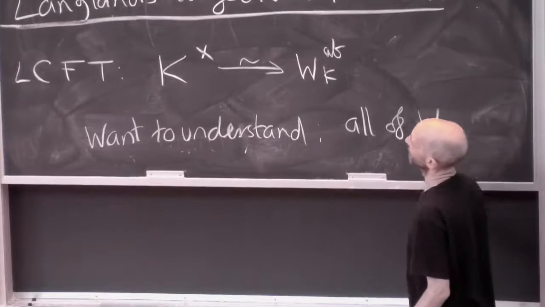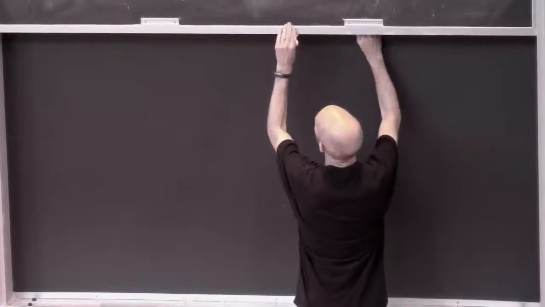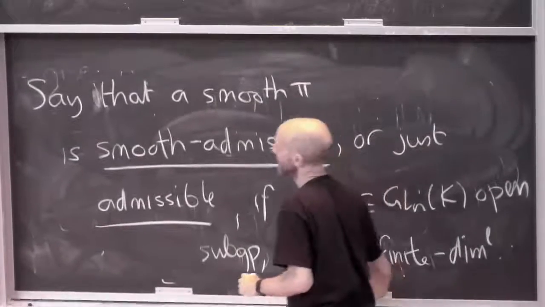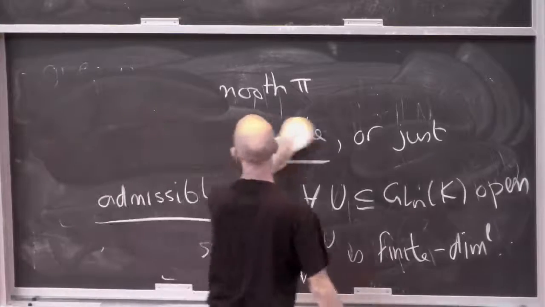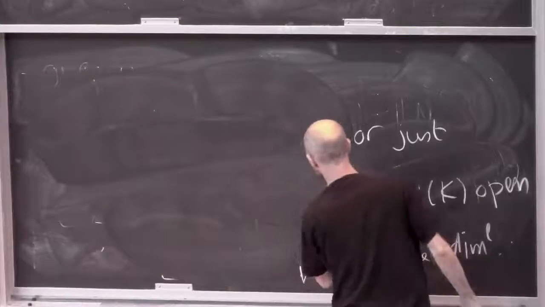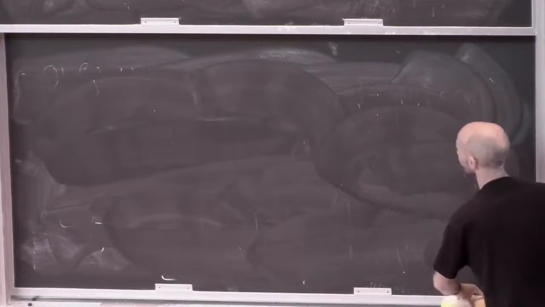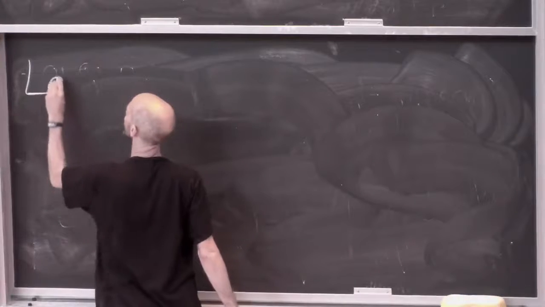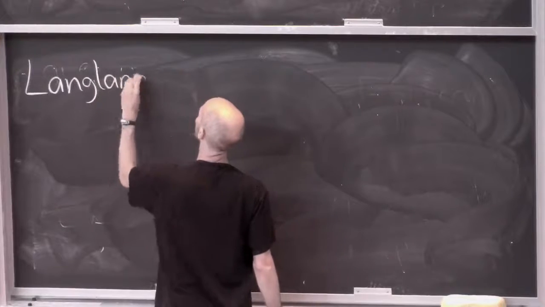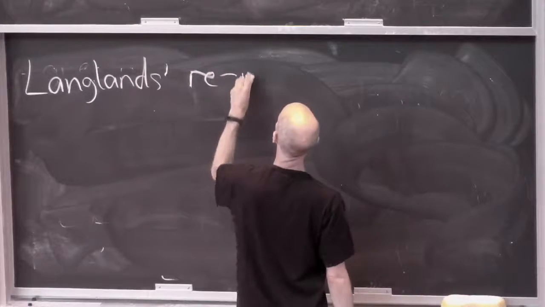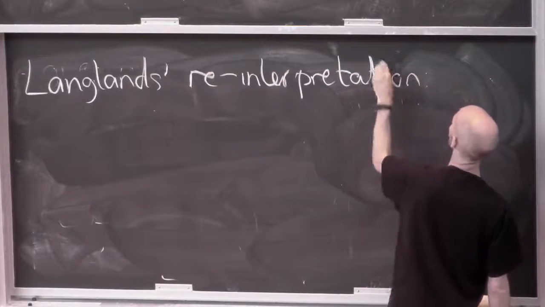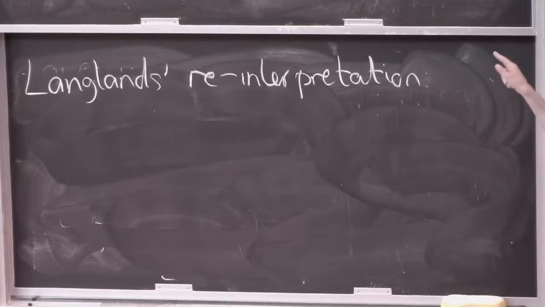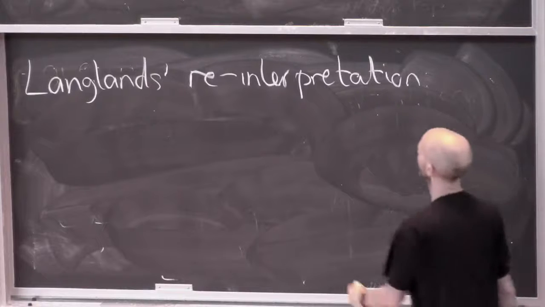And what Langlands' insight was is that you can reinterpret this local class field theory isomorphism. Langlands' reinterpretation is that the abelianization of a group tells you something about one-dimensional representations of the group.